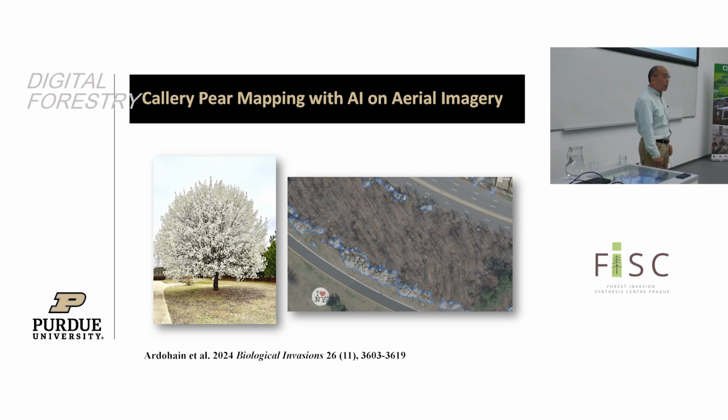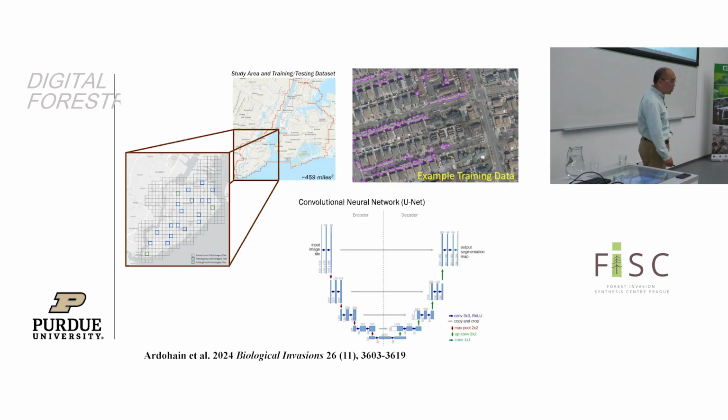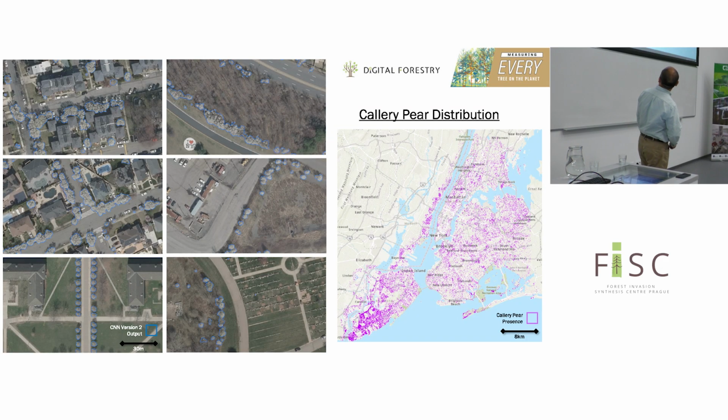So what we did is, what if we train an AI for this and let it do its work? Here's a convolutional neural network that we trained, and now within an hour, we can do the entire New York City, 5 boroughs all together. Imagine, data acquisition is going to take a couple of days for the aircraft to get the data.